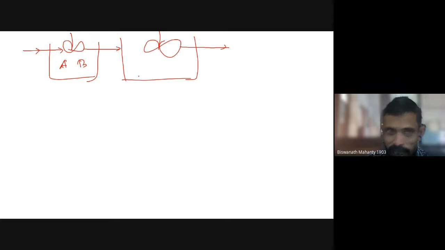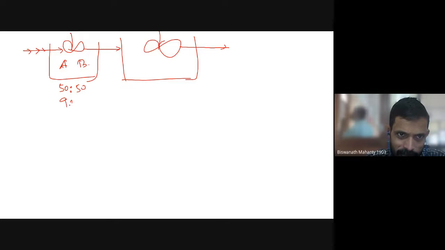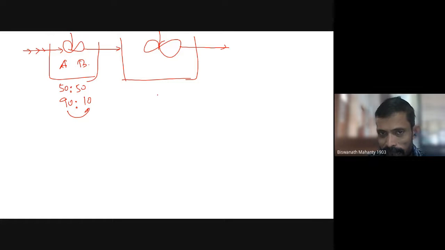For example, here the A and B ratio was, let me say, 50-50 initially, and then I maintain a flow rate so that A becomes 90% here and B becomes 10%. That means B is still there; I am talking about population ratio. But when I have another reactor, I will change the flow rate or increase the volume so much that, if the volume is increased more, what will happen?